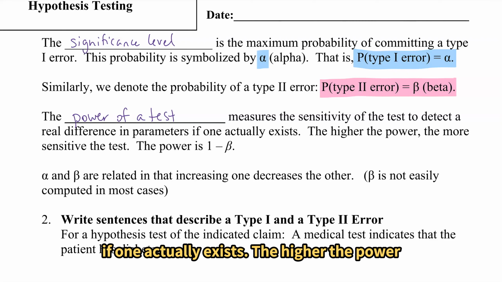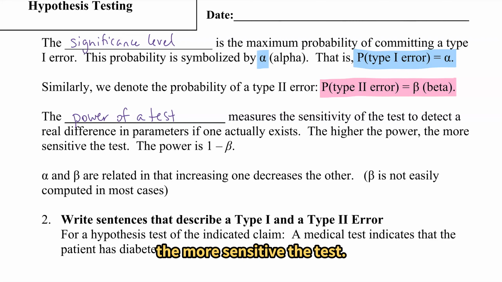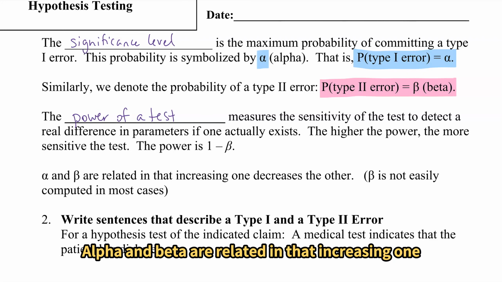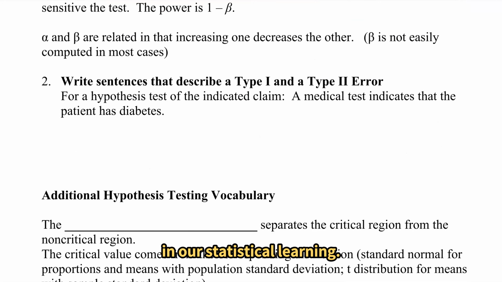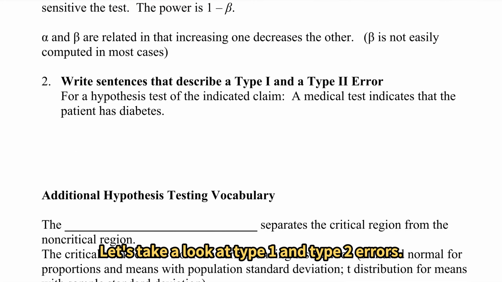The higher the power, the more sensitive the test. So here the power is 1 minus beta. Alpha and beta are related in that increasing one decreases the other, and we mentioned that before. And beta is pretty tough to calculate, so we tend not to do that at this level in our statistical learning.